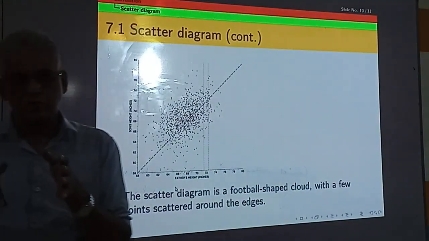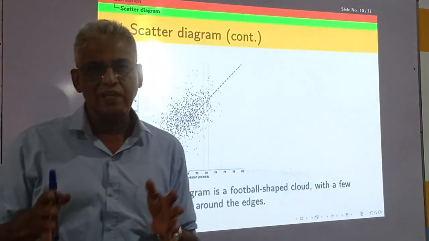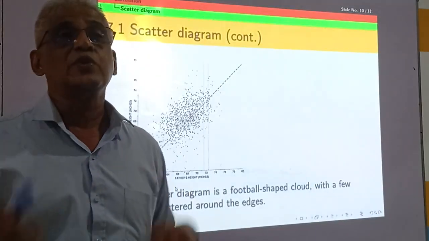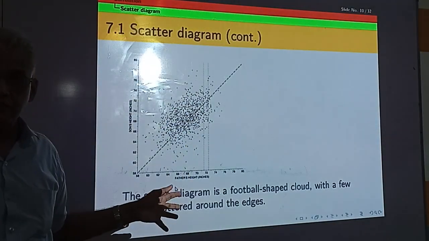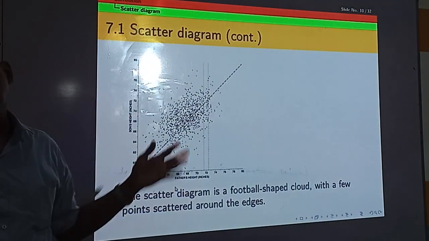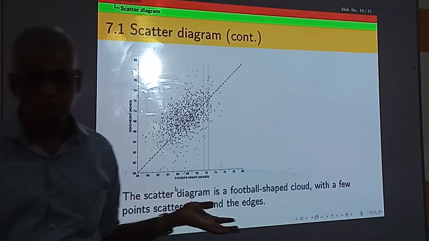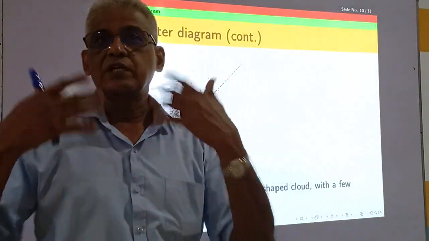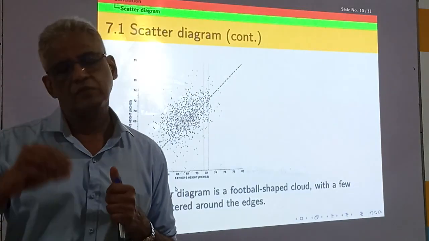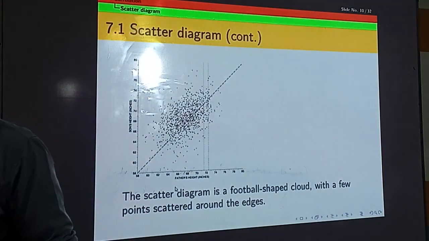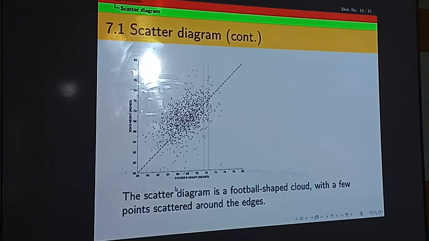Because the correlation coefficient is meaningful only if there is a linear relationship. In order to see whether there is a linear relationship, first we should look at the graph. Otherwise, without looking at the graph, we cannot see whether there is a linear relationship or not. If there is a linear relationship, we can calculate the correlation coefficient, and by looking at it, of course, we can interpret whether it's a strong one or moderate one or weak one.